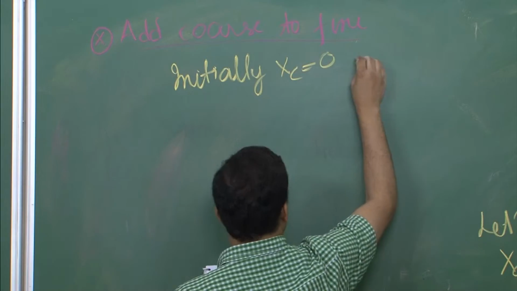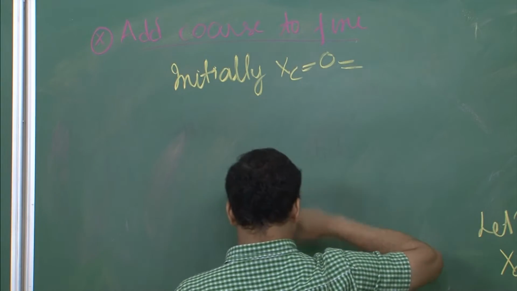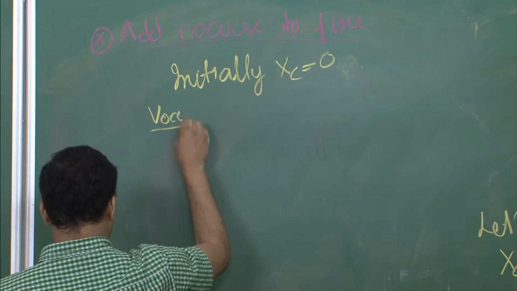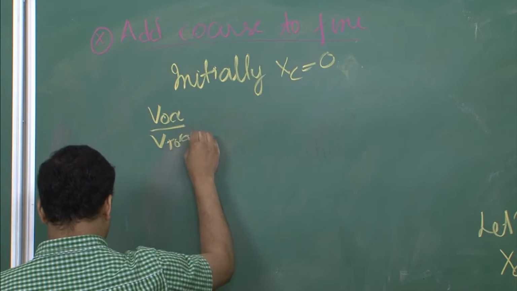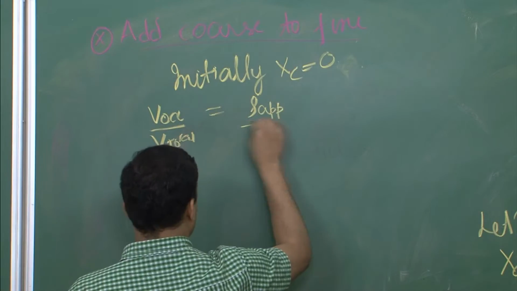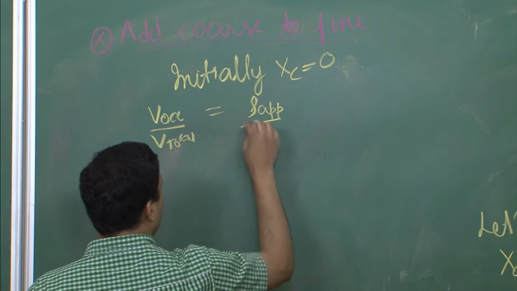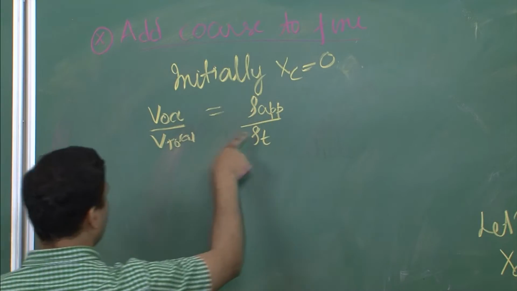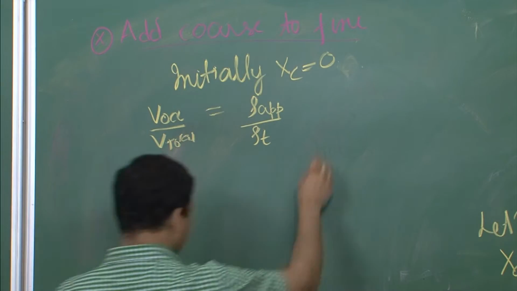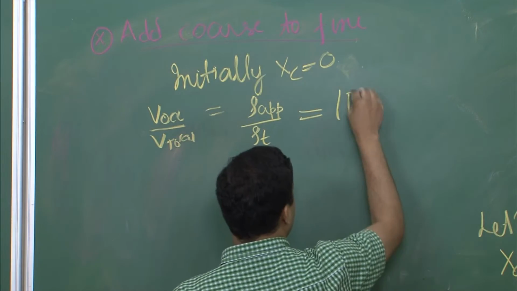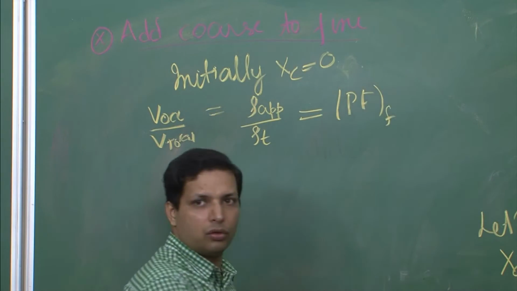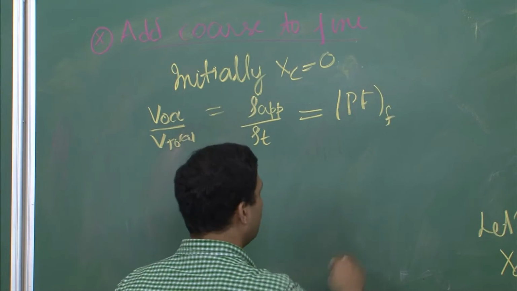So continuing with this, initially when Xc is equal to 0, we can say that V occupied by V total is equal to, we saw that rho apparent by rho true is equivalent to saying V occupied by V total, and this would be equal to packing fraction fine, because initially Xc is equal to 0, which means there is no coarse particle, only fine particle.